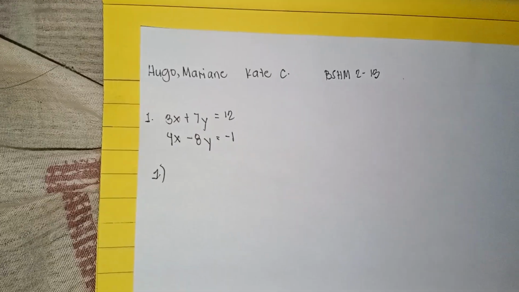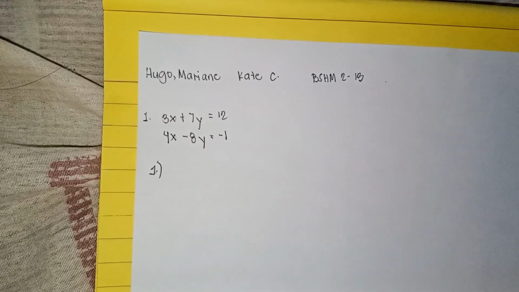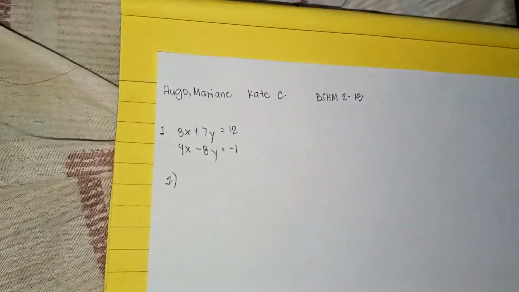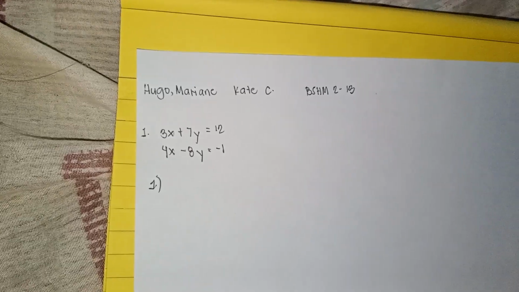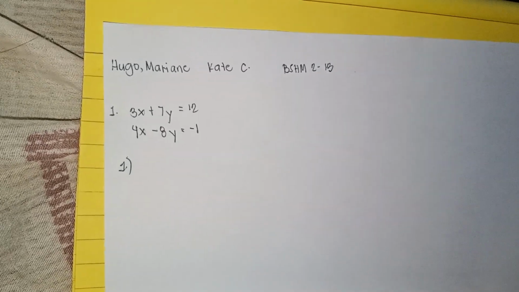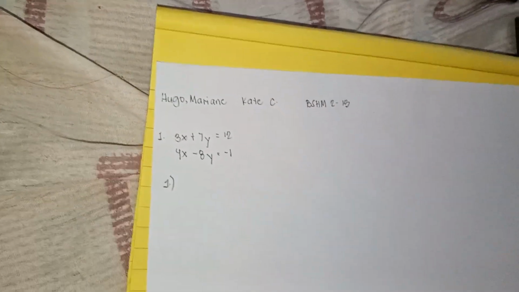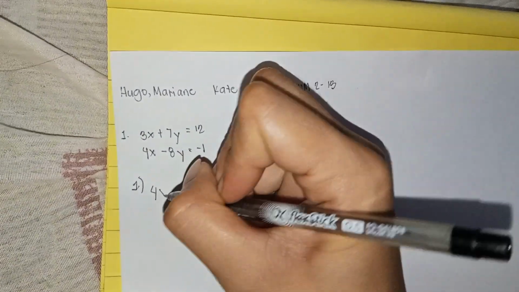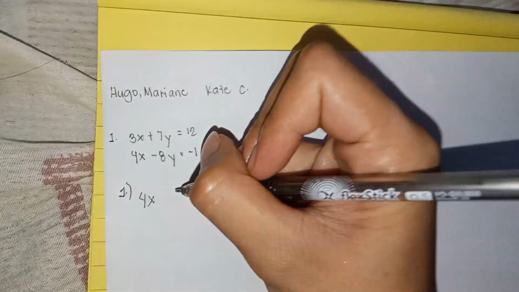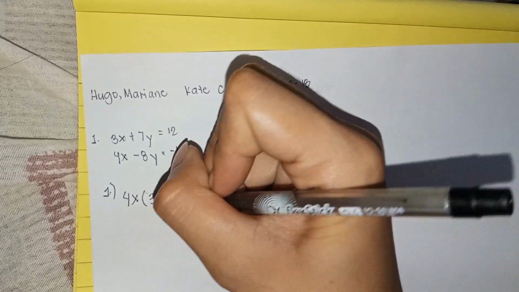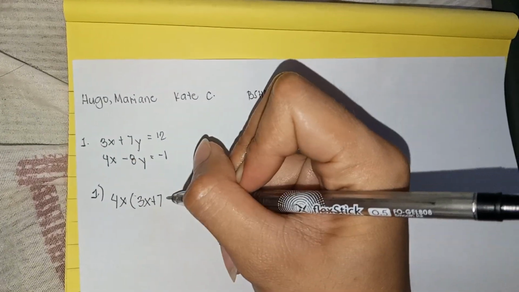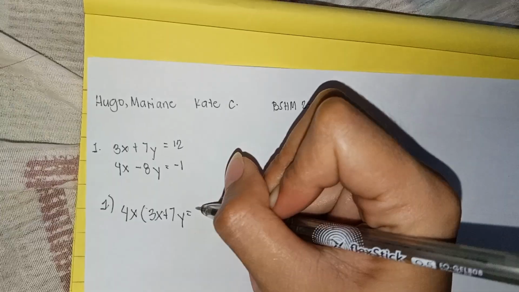We are going to use the elimination method. First, we need to make the numbers before x the same in both equations so we can cancel out x later. So multiply the first equation by 4: 4 open parenthesis 3x plus 7y equals 12.